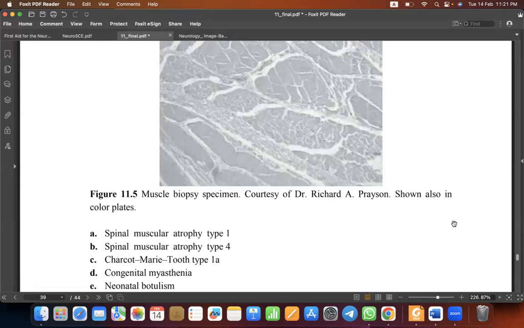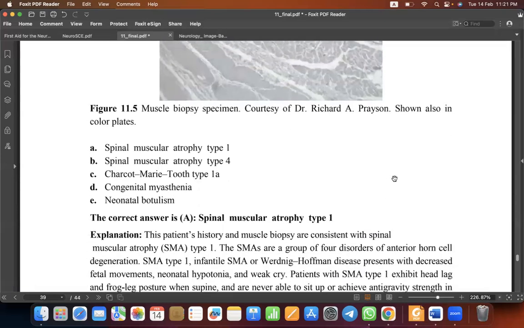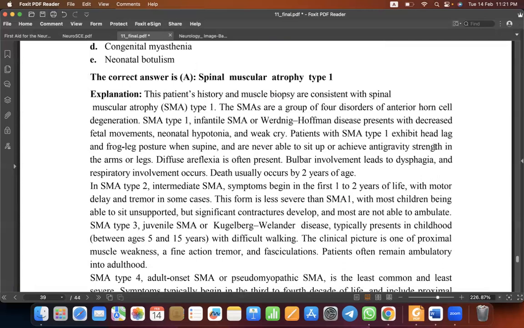So I guess this is most likely SMA type 1. Whenever we get a history like this, the muscle biopsy corresponds to SMA type 1. The first is infantile SMA, that is Werdnig-Hoffmann disease. The patient will have reduced fetal movement, neonatal hypotonia with weak cry.